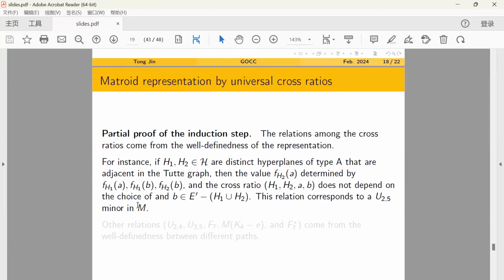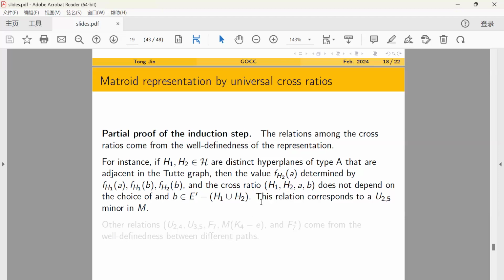And one intuition on why this is U2, well, because we have H1, we have H2, and let's say we have two extra elements B1 and B2 outside the union, then we already get H3 at the closure of the intersection B1 and H4 at the closure of the intersection B2.